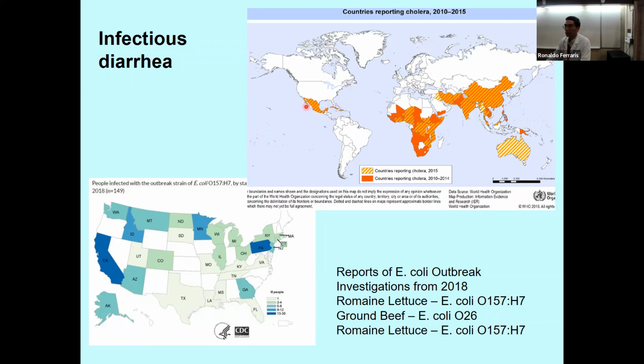But warm areas like Mexico, India, Cambodia, Thailand, the Philippines, Malaysia, Indonesia, and New Guinea actually have outbreaks of cholera.